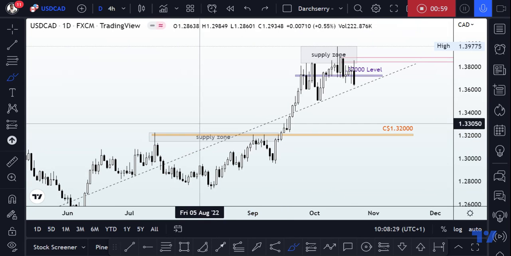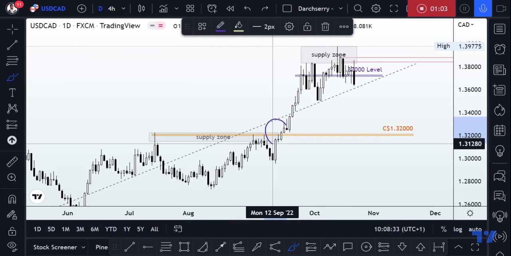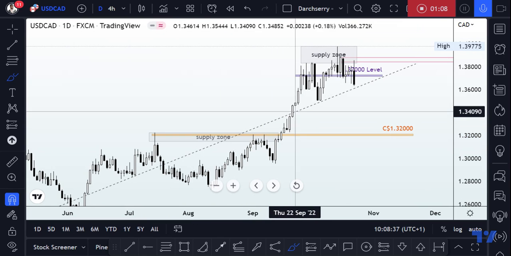During mid-September, we finally saw a breakout of the 1.32 level to incite a bullish momentum.